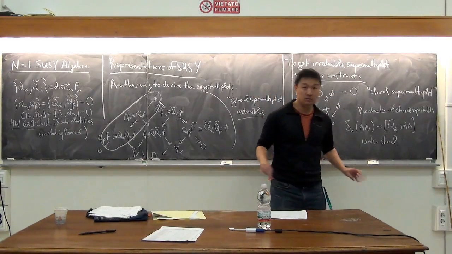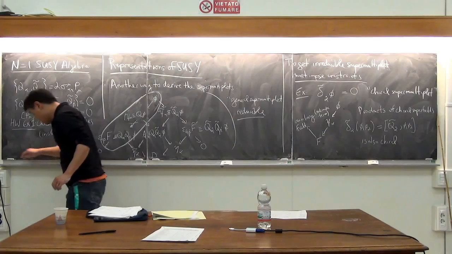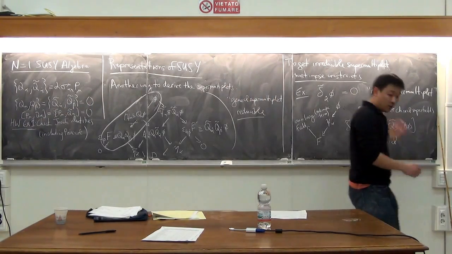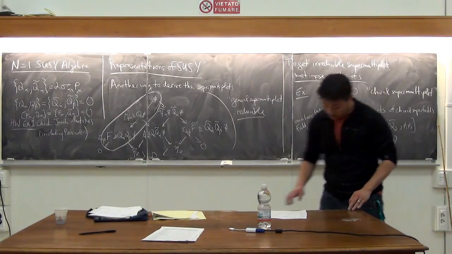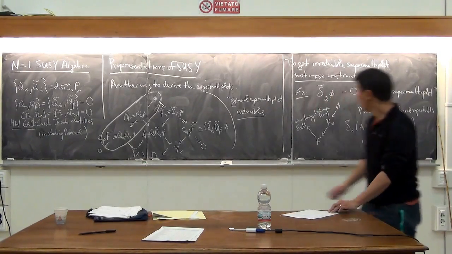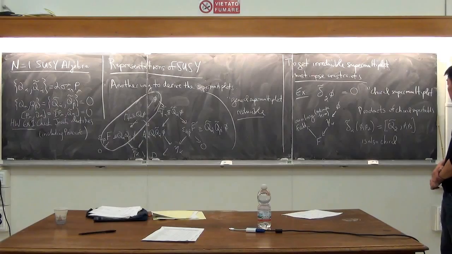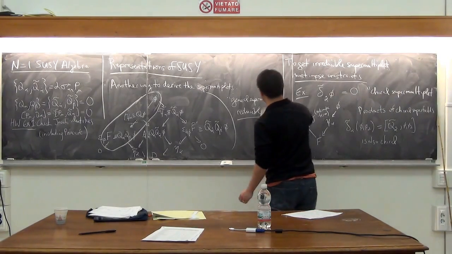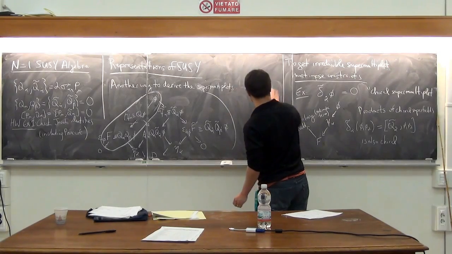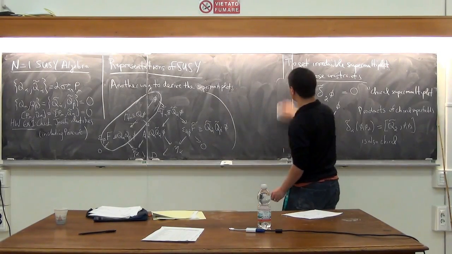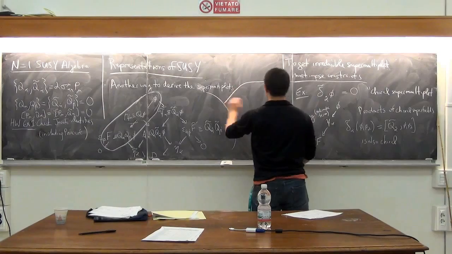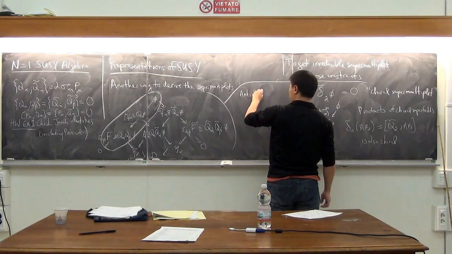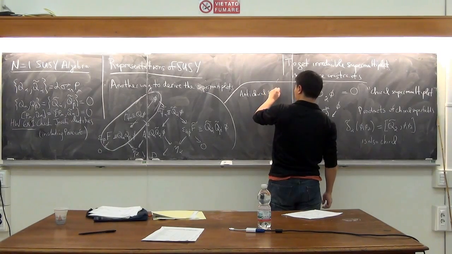Is there more chalk? Okay. So products of chiral superfields are chiral. So we can also define what are called anti-chiral supermultiplets.